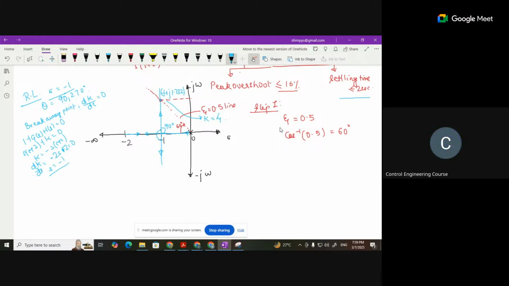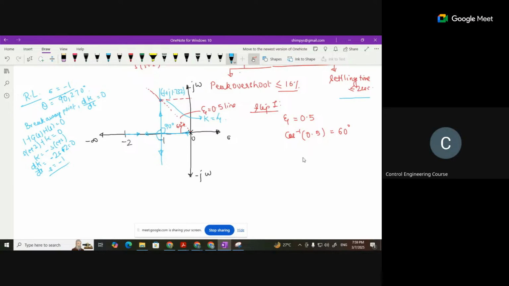You can see, you have calculated the angle associated with the damping ratio of 0.5, right? That comes out to be 60. Now, I guess you know this expression.